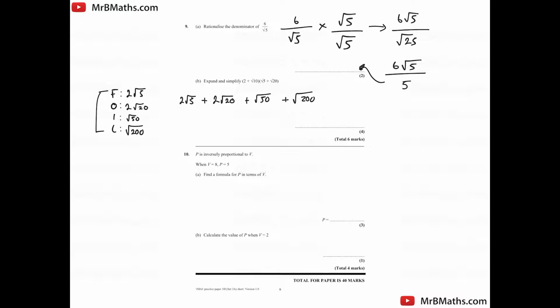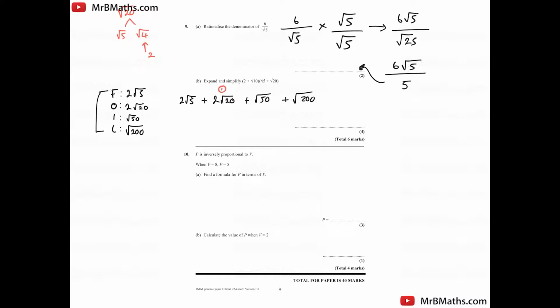Now in order to be able to simplify, we need them to be all like terms, which means that we have to do some simplifying. So for this first one here, I'm going to see if I can get that to a root 5. So if I have my root 20 here, I can then split that into root 5 times root 4. Well, we know that the square root of 4 is 2.